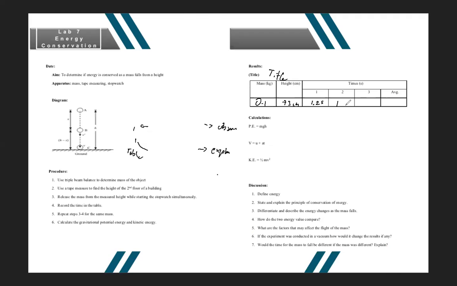And what do you have for three? 1.26. And what do you have for your average? 1.193.